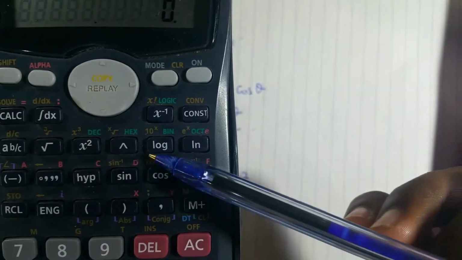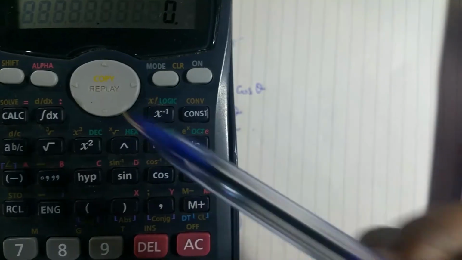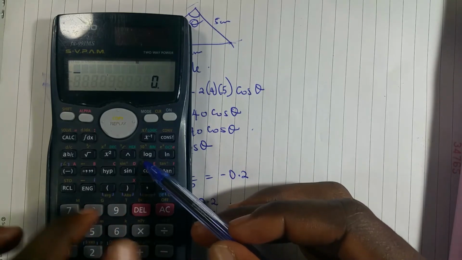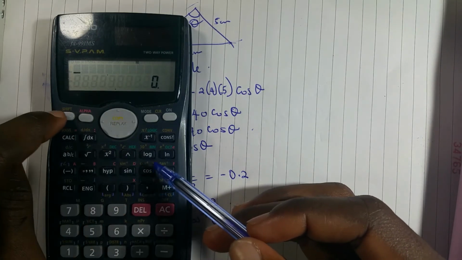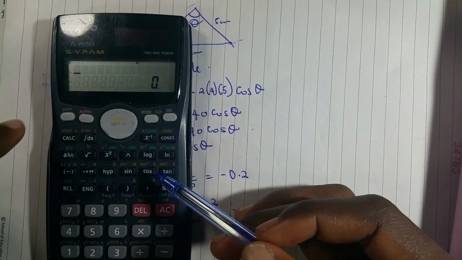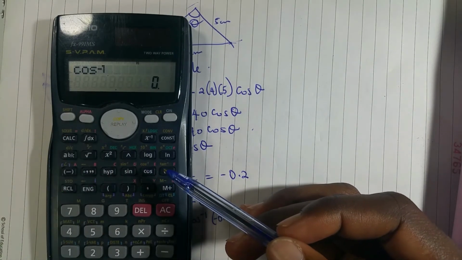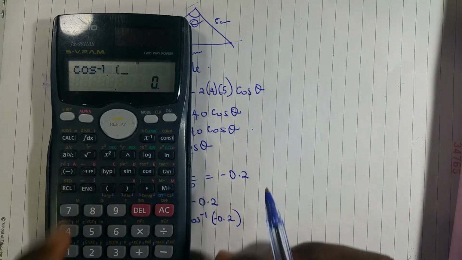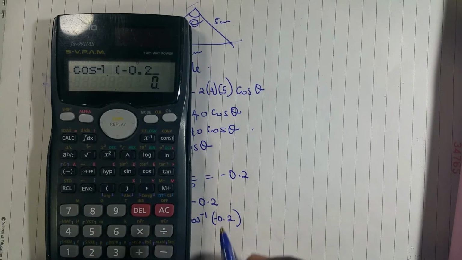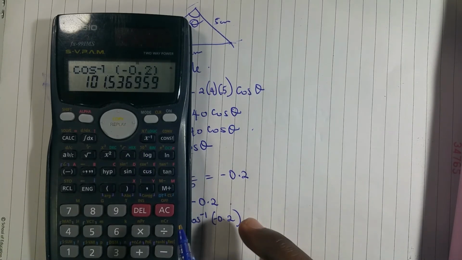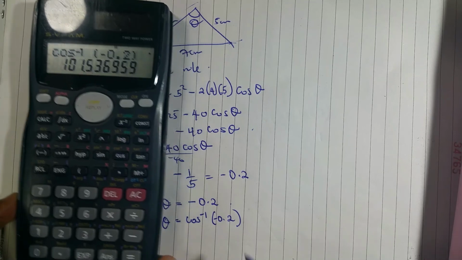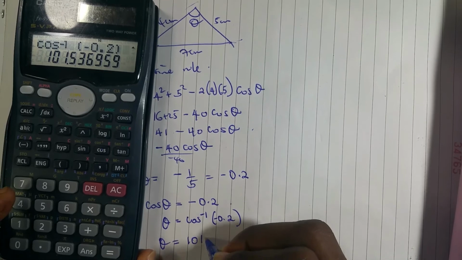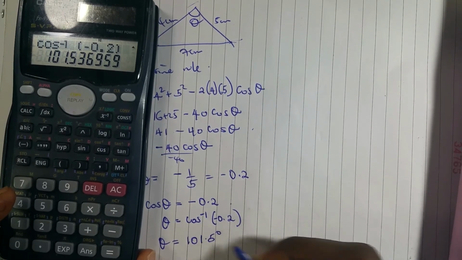So for us to get that, we need to press shift, then cos. I think it brings arc cosine. Then you just press that number. Let's put a bracket since it is negative 0.2. Then you press your equal sign. It's 101. So theta is actually 101.5 degrees to 1 decimal place.